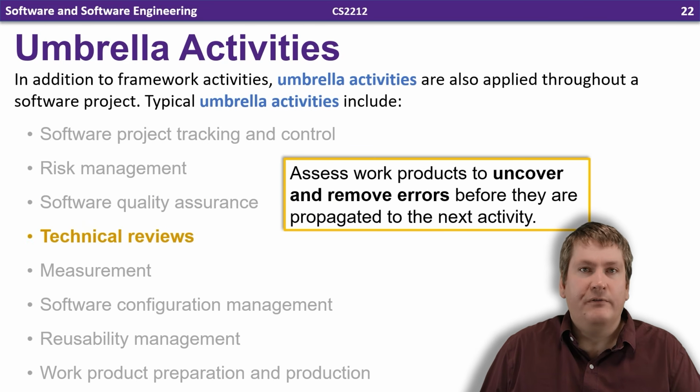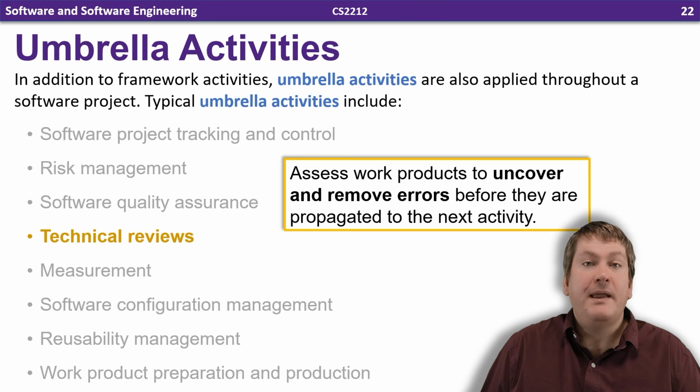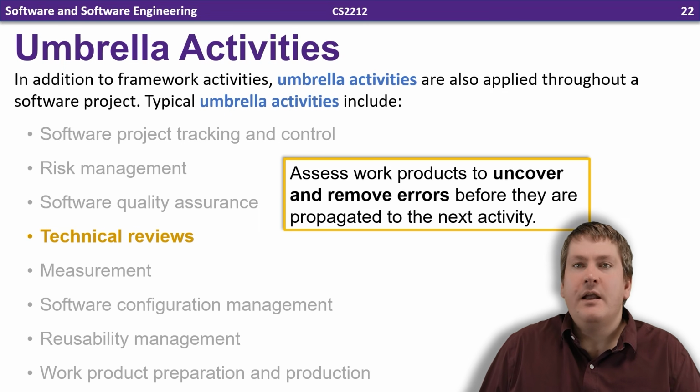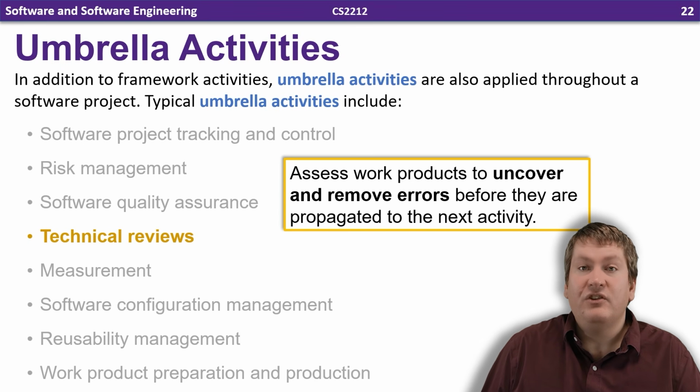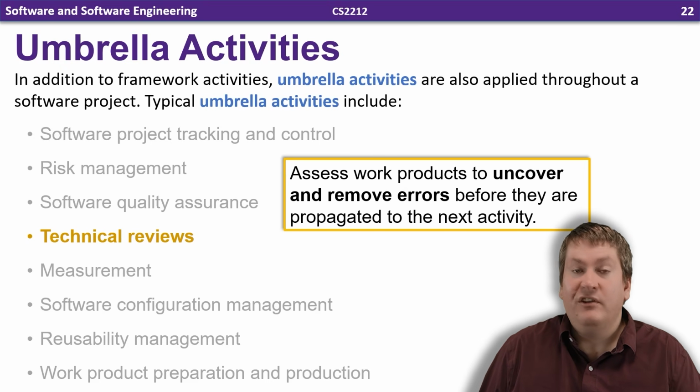Next are technical reviews. And this is another important tool for ensuring quality, and it aims to uncover and remove any errors in work products before they make it into the next activity. These reviews take the form of peer reviews, where qualified members of the development team examine each other's work products and attempt to identify any errors or discrepancies from the project's specifications or standards being used.